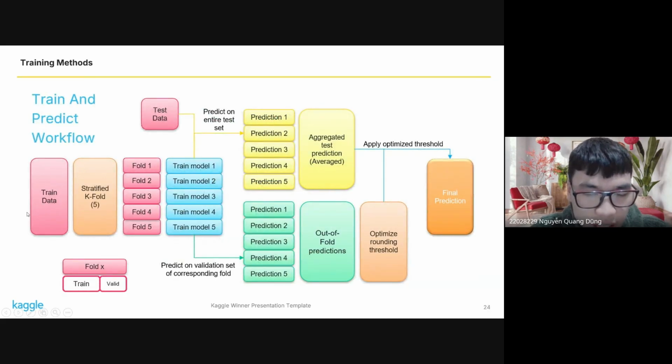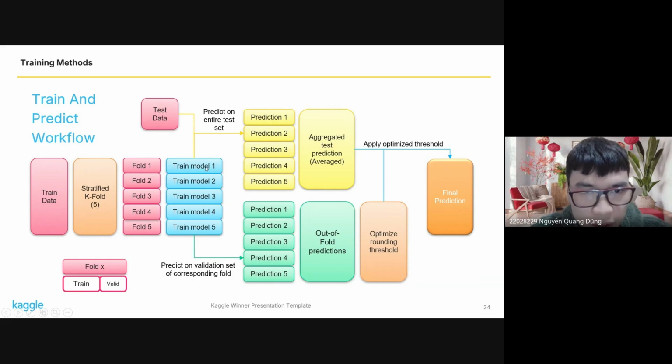We start with our training data and initialize a stratified k-fold object to split the data into 5 folds. For each of these folds, we clone and train the model.